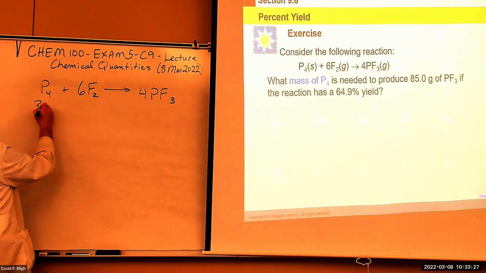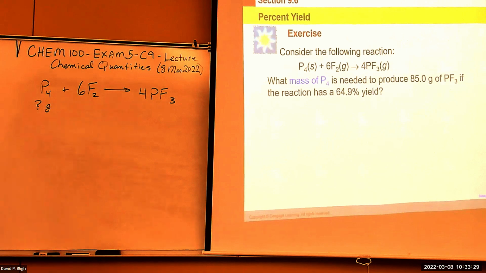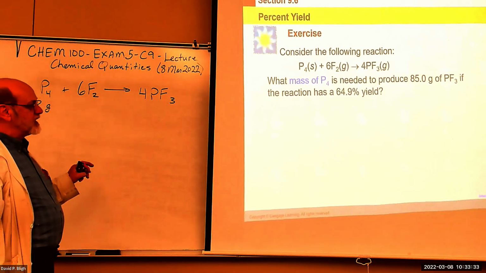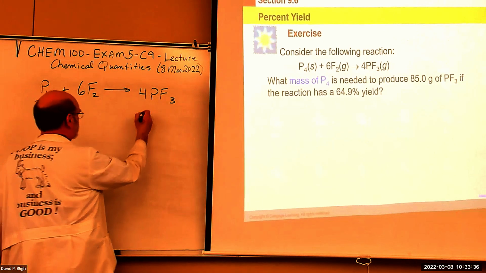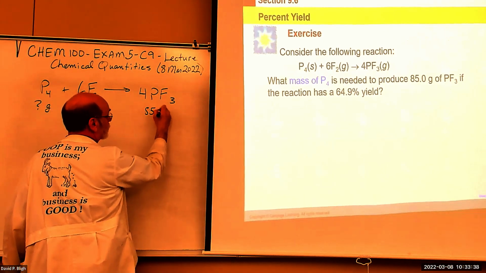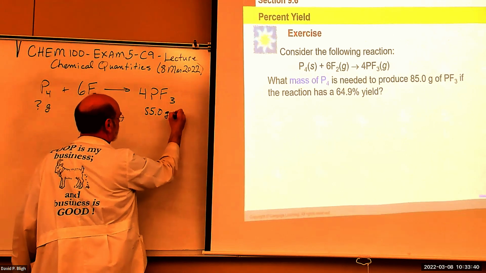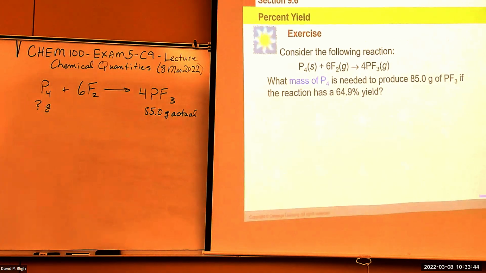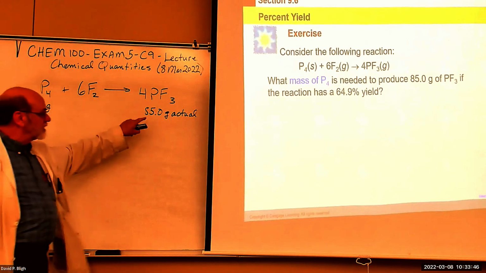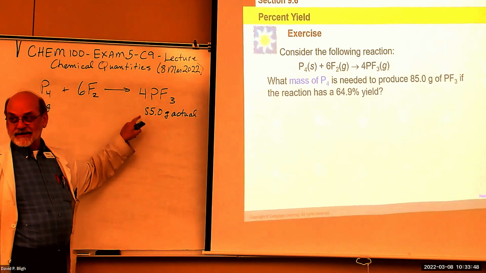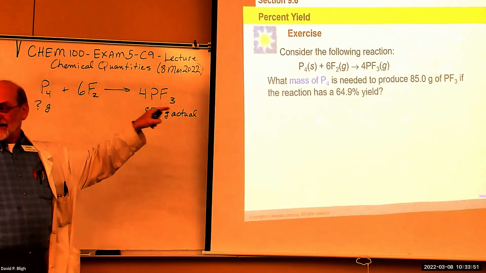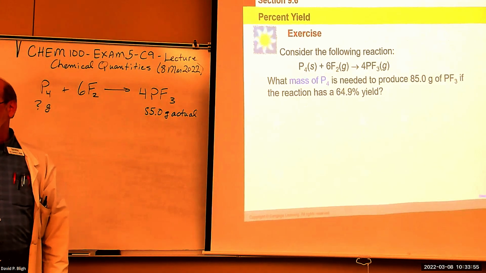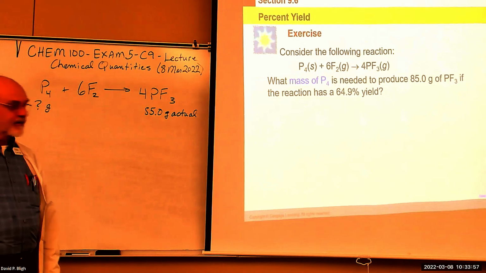What mass of P4 is needed to produce 85 grams of PF3? 85.0 grams actual. That's what they're saying. We want to guarantee that we have 85 grams output, if we know the reaction is 64.9% efficient, that's the yield.